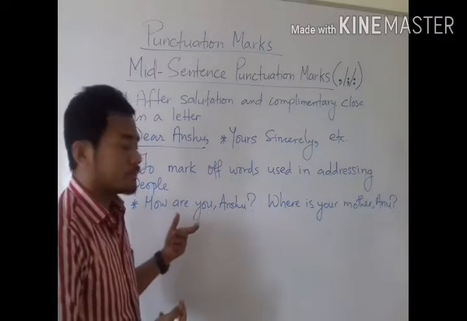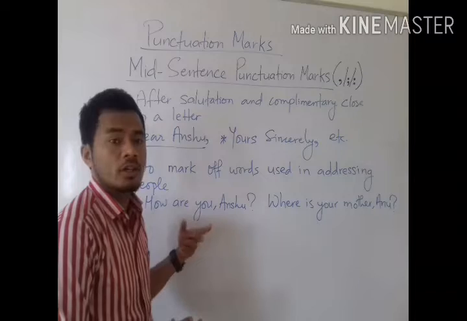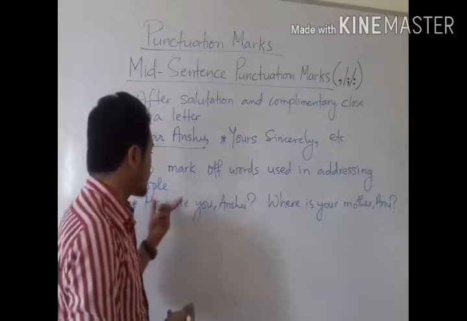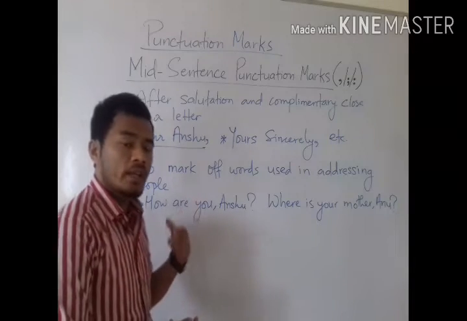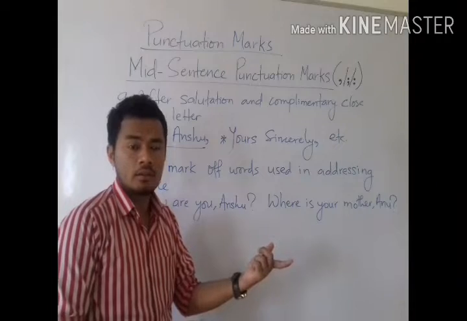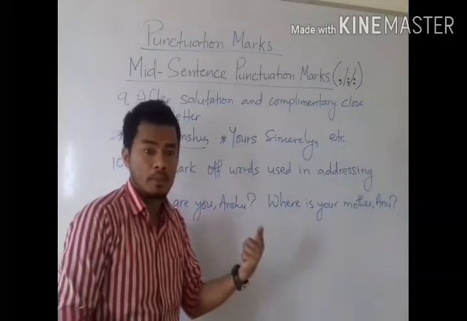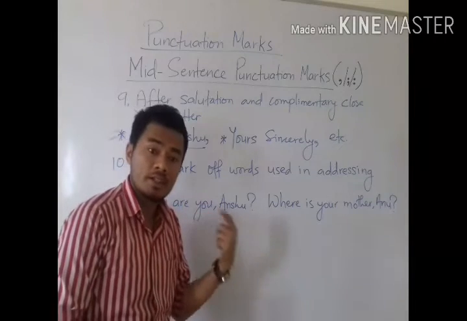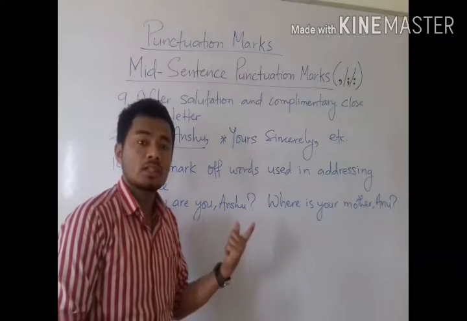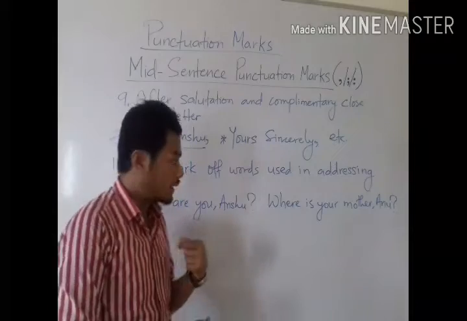Now, another condition or the last condition to use comma in sentences is to mark off words used in addressing people. Whenever we ask a question while addressing the person in front of you, in that case also, we use comma after the question and before the name of that person.